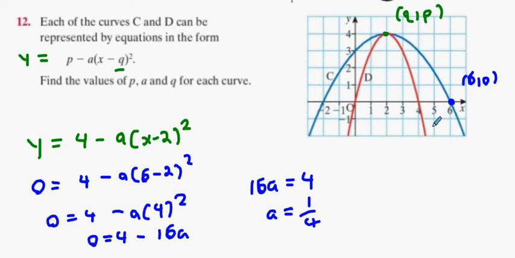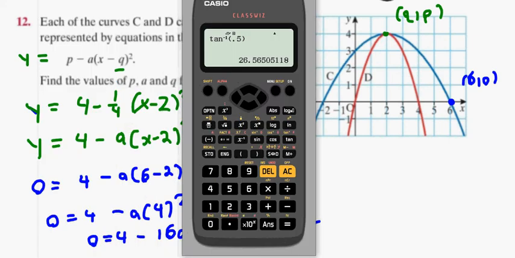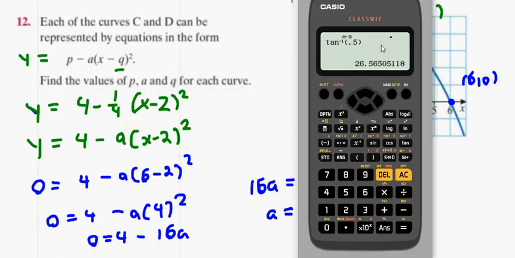Is there any way you can check your answer? Is there anything lying on everybody's desk that will check that answer for you? How am I going to check the answer, lads? Menu, table function, 4 take away 1 quarter. And what do I put in here then? x take away 2.